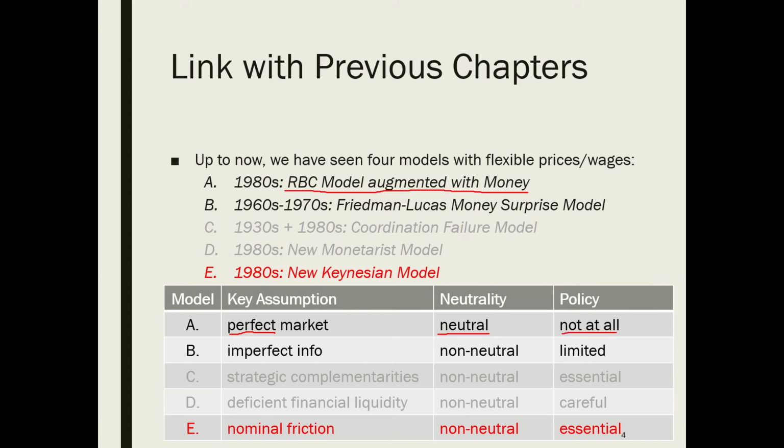The second model we covered in the previous chapter is the Friedman-Lucas model, or money surprise model. It was actually developed earlier than the RBC model by Friedman and Lucas in the 1960s and 70s. Their fundamental assumption is that information is not perfect.